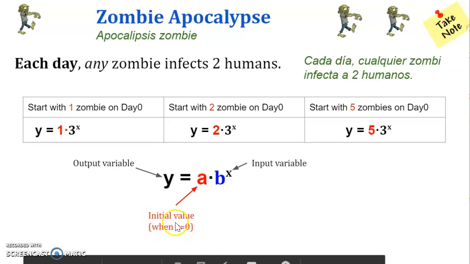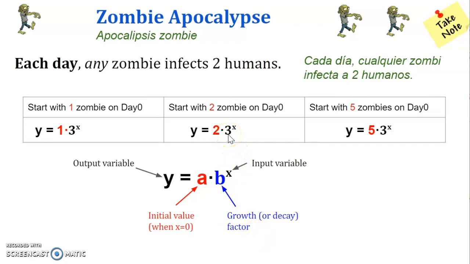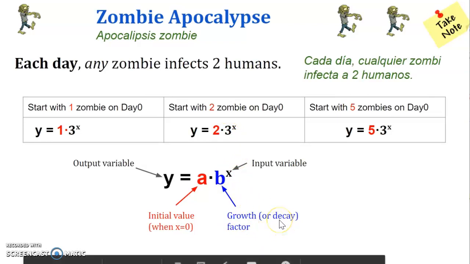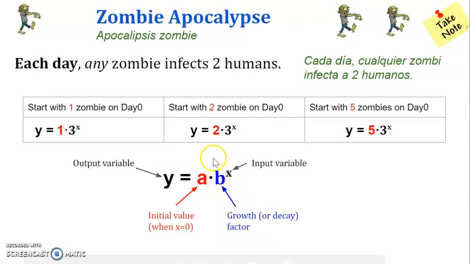So it will be the initial value, and b is what we call growth or sometimes decay, depending on whether that number that we're multiplying by is greater than 1 or not. When it's greater than 1, we call that growth. When it's less than 1, we call that decay, but we'll go into that in more detail. So that is a multiplier. In this case, because each day each zombie infects 2 humans, we are multiplying by 3 each day.